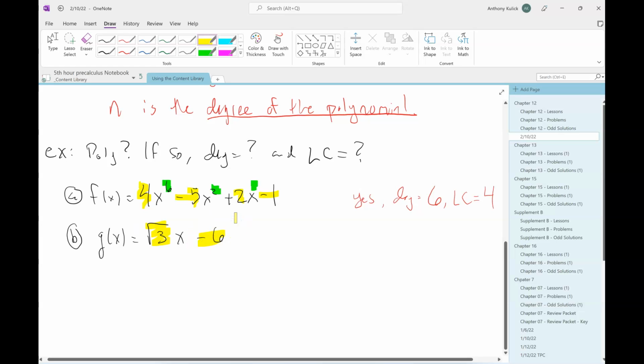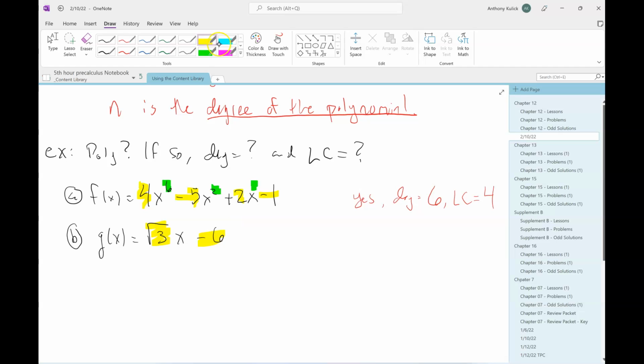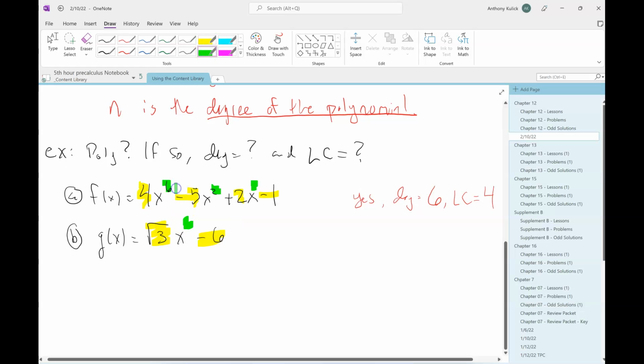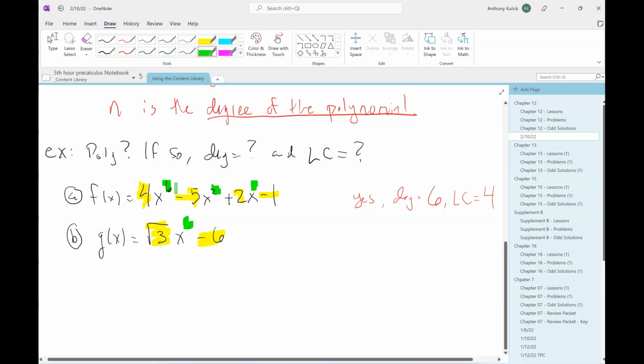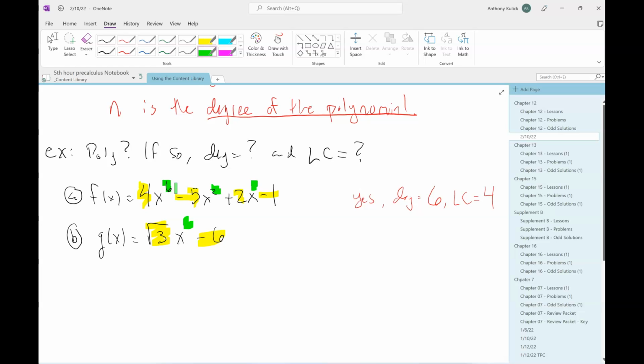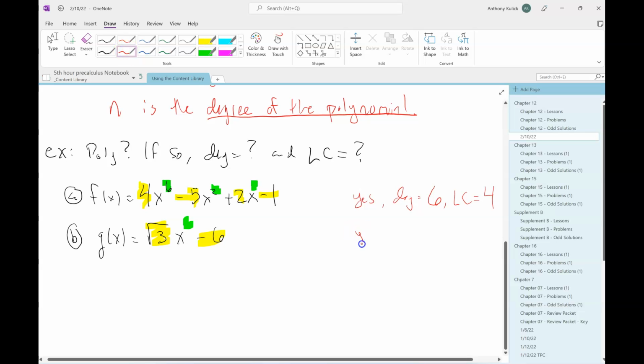Negative 6, that's a real number. The exponent on my variable is non-negative. The only operations going on with the variable is multiplication to a coefficient and then like addition or subtraction of the term. So this looks good. Yeah, we would say this is a polynomial.